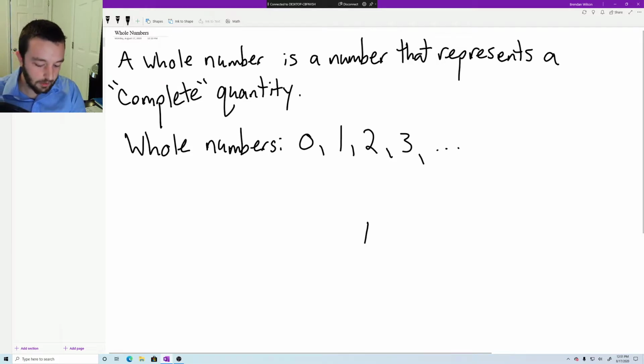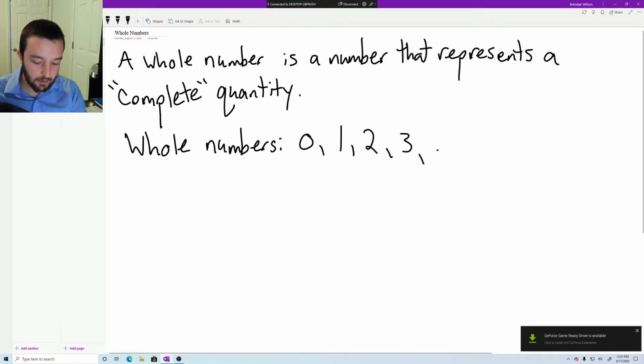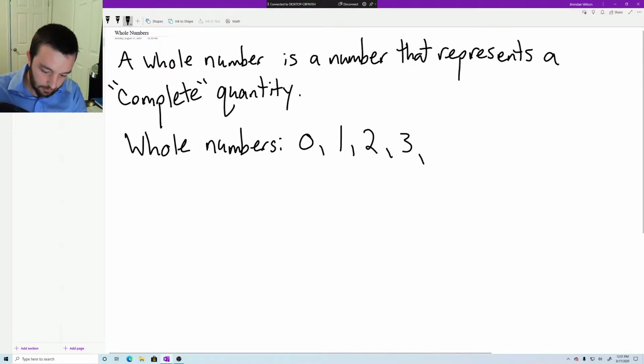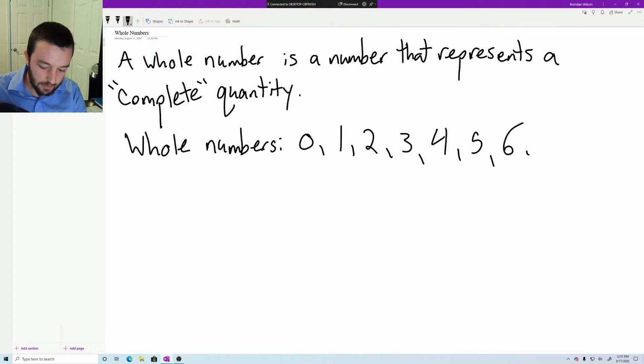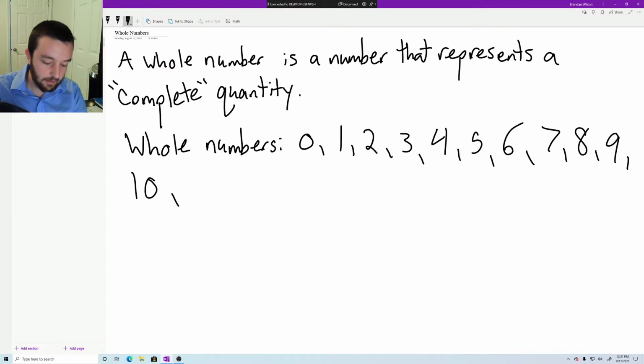Now, what do we know about these numbers? Well, I wrote ... here, but let's keep going for a little bit here. 4, 5, 6, 7, 8, 9, 10, 11, 12.